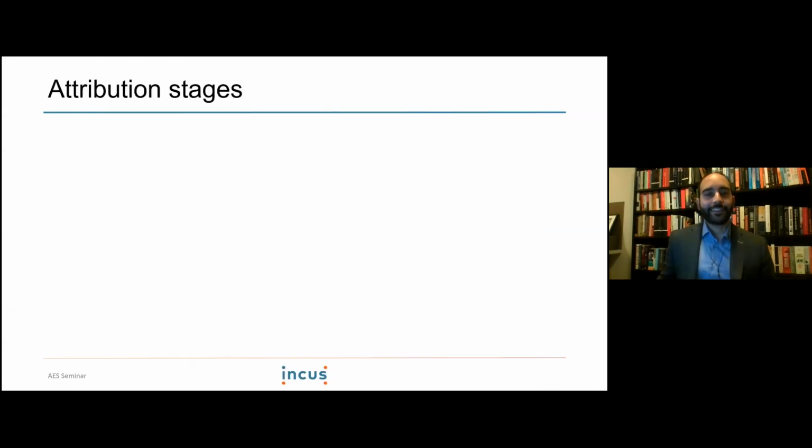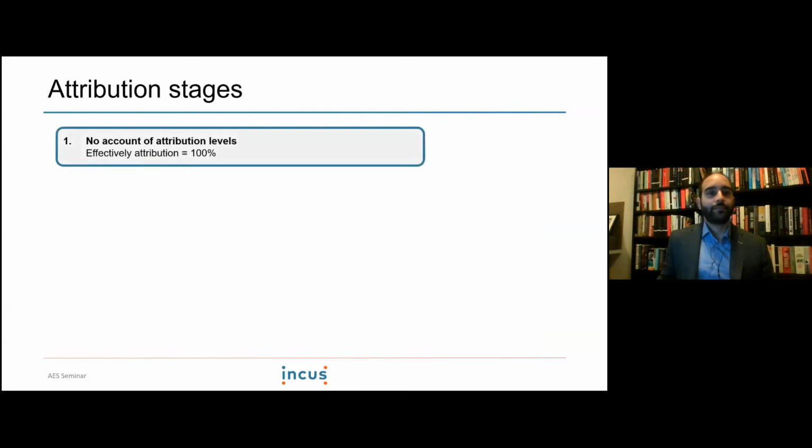And like deadweight and counterfactuals, there's stages to this. So if we don't account for it, we're basically saying that 100% of whatever change we've evaluated and measured is because of that particular program, and that's quite obviously wrong.